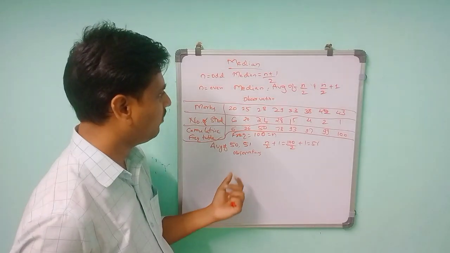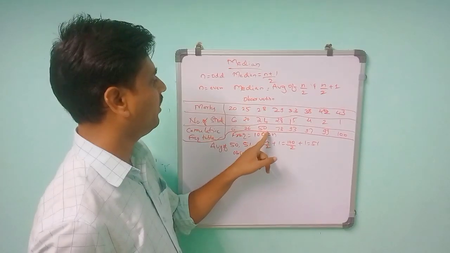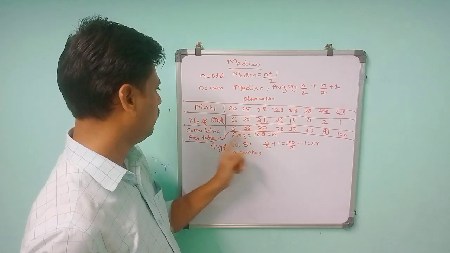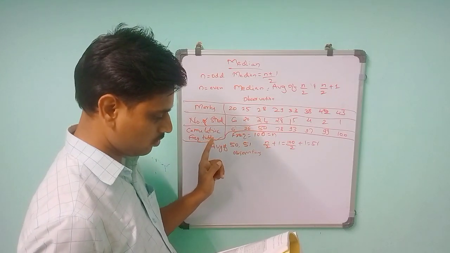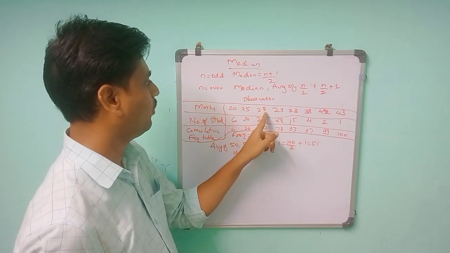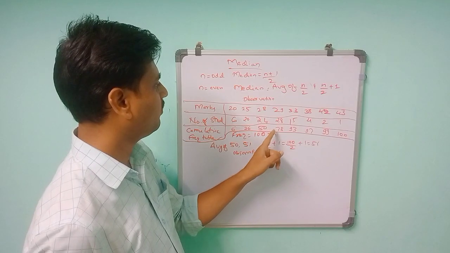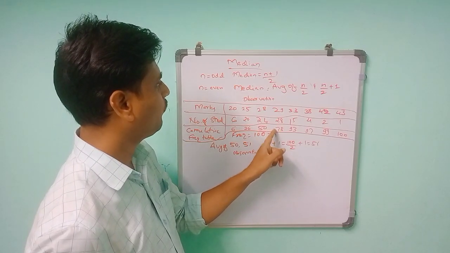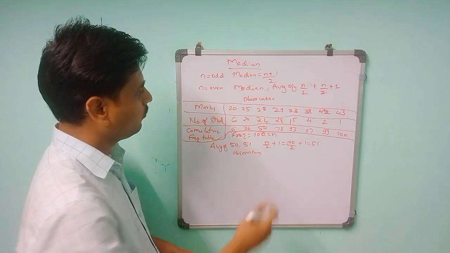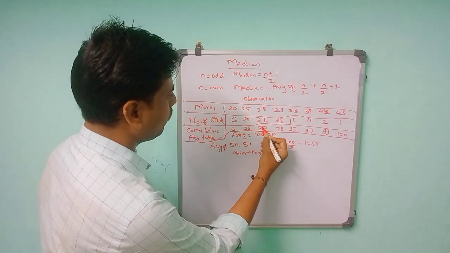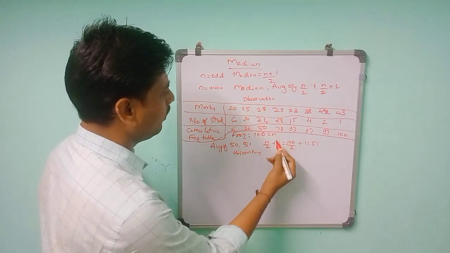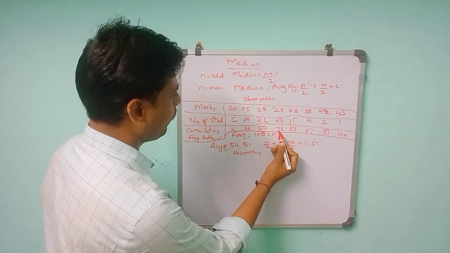See the values, where are the 50th and 51st? Here 50 is there, and the corresponding marks are 28. The 51st comes here, and it is 29. You have to compare with the cumulative frequency. Cumulative 50 corresponds to marks 28, and 51 corresponds to 29.